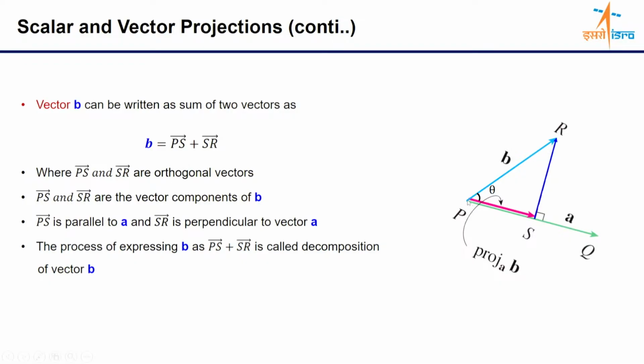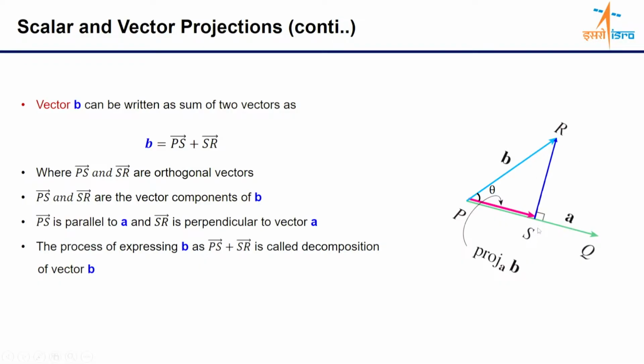So if you start from the tail and reach the head from another side, maybe using multiple vectors, this vector you can write as PS vector plus SR vector, because this is the path actually. So you can write PS vector plus SR vector is equal to PR vector. Okay. PR vector, or you can say simply the B vector.